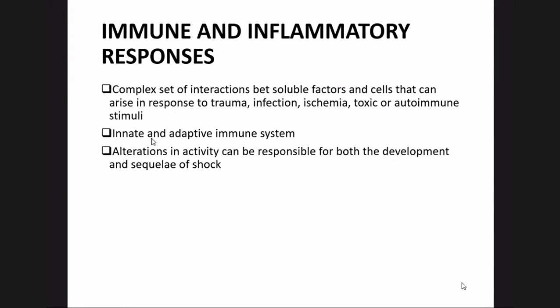Then we have immune and inflammatory responses: a complex set of interactions between soluble factors and cells that can arise in response to trauma, infection, ischemia, toxic or autoimmune stimuli. The innate and adaptive immune systems also work here. Alterations in activity can be responsible for both the development and sequelae of shock.